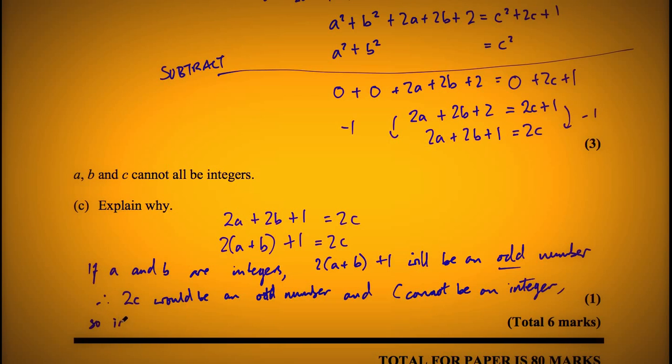So impossible for all three to be integers. Or for a, b, and c to all be integers.